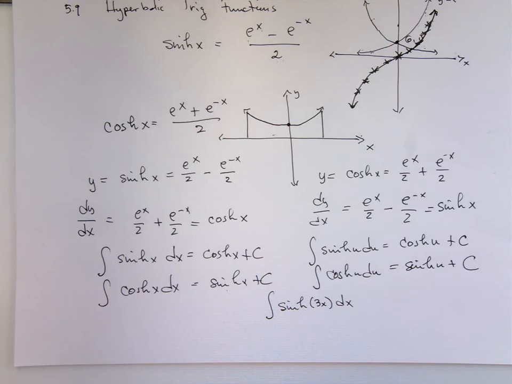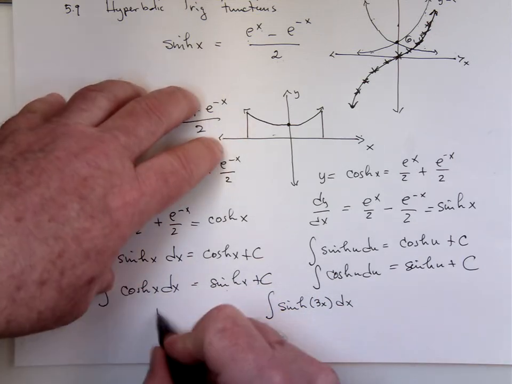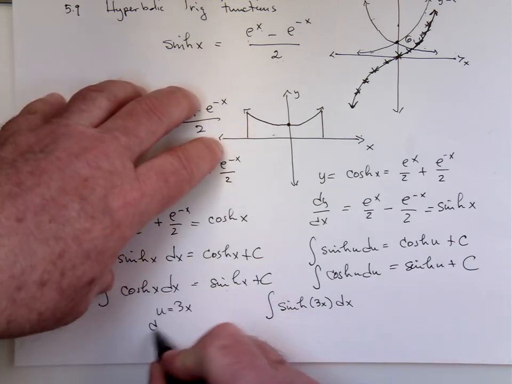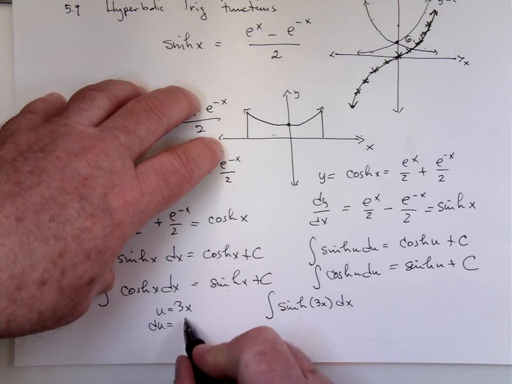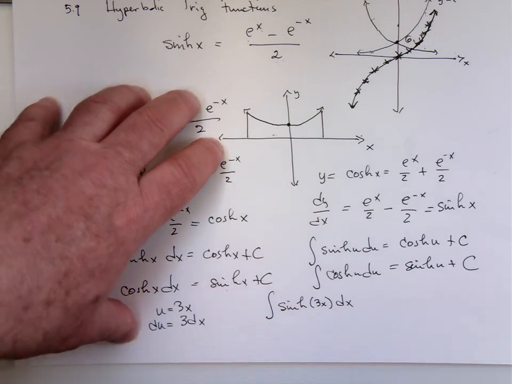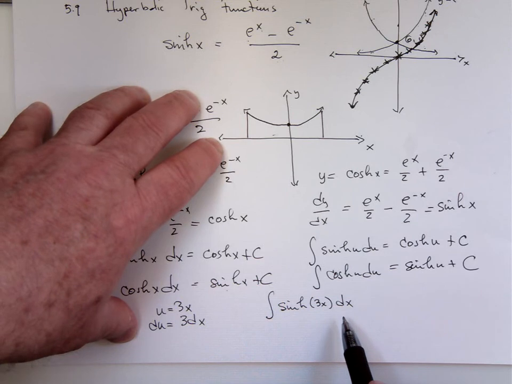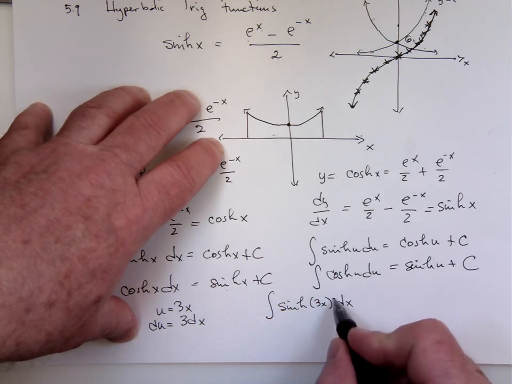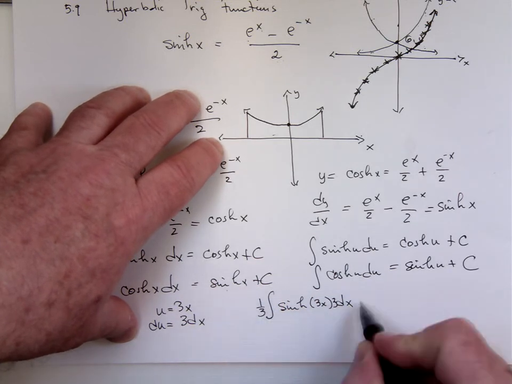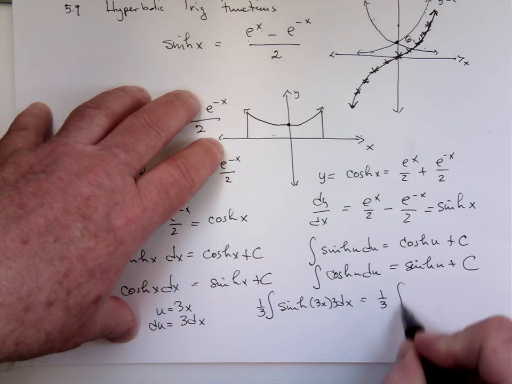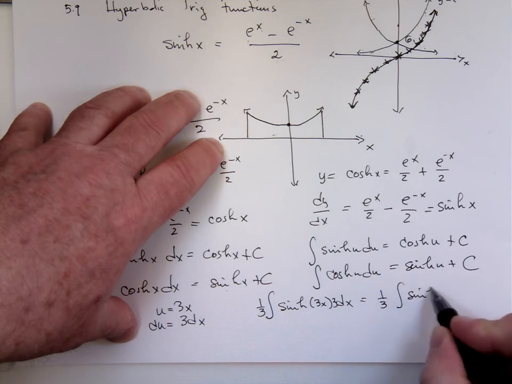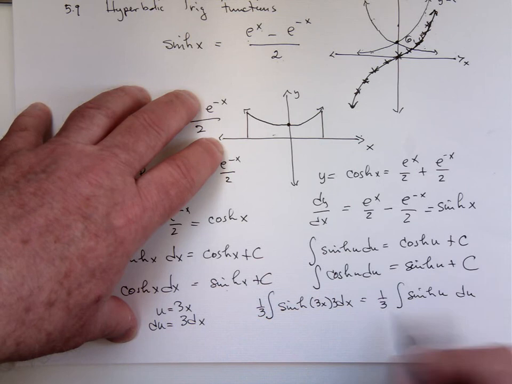What's u? 3x. Very nice. What's du? 3dx. I don't have a 3dx, but I can get it by multiplying by 3 and by 1/3. I now have 1/3 the integral of sinh u du. There's my integration form. Make sure that makes some sense.